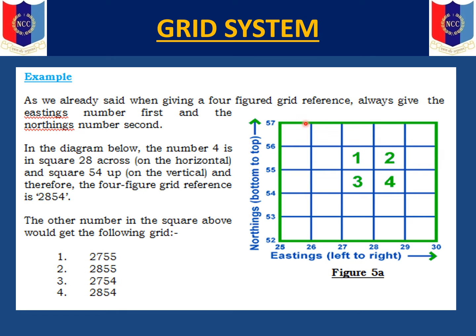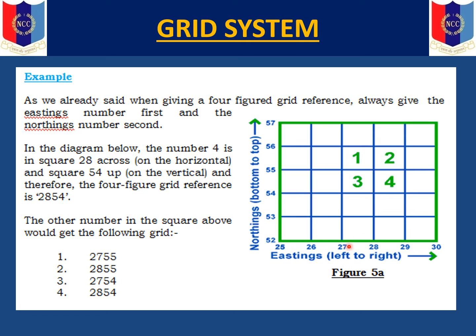What we have learnt in the previous slide are the 4 different rules which shall be used to give the grid references. Here you can see the eastings, as I said, the vertical lines are increasing from left to right or from west to east. You must be very clear on these things.